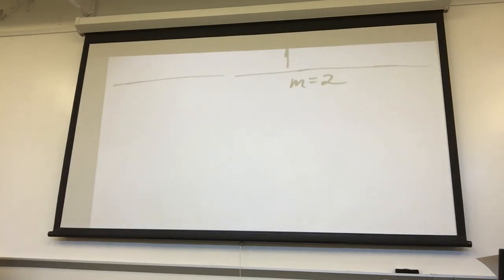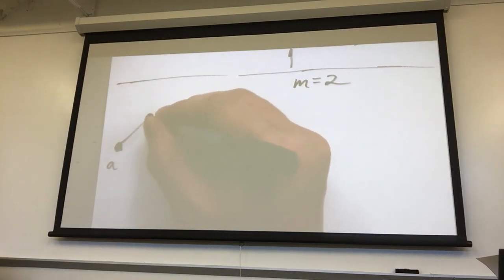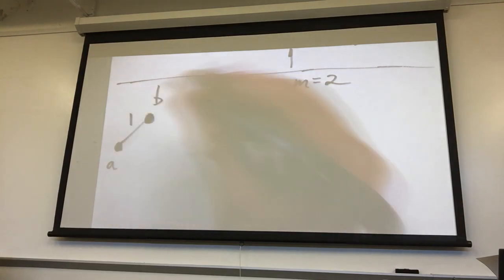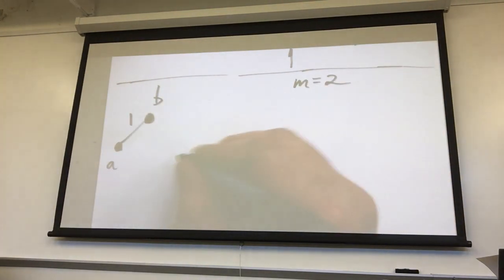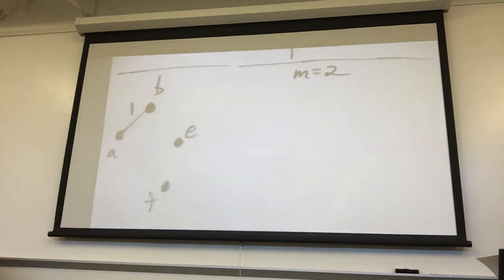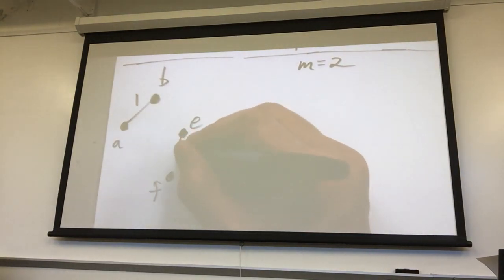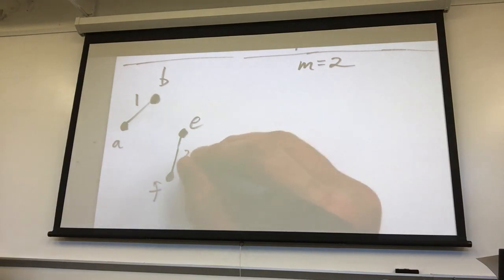So, i which equals 2 is going to be A connecting to B, which has a length of 1, and E connecting to F, which has a length of 2.